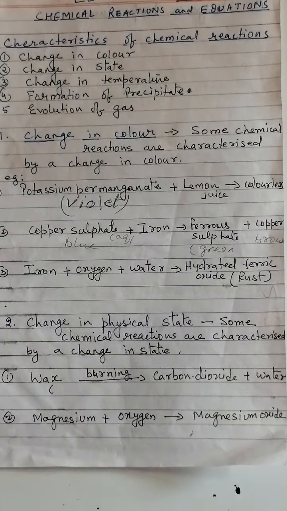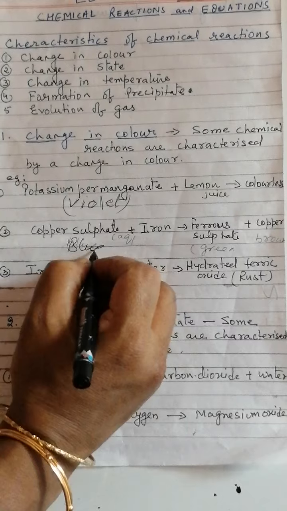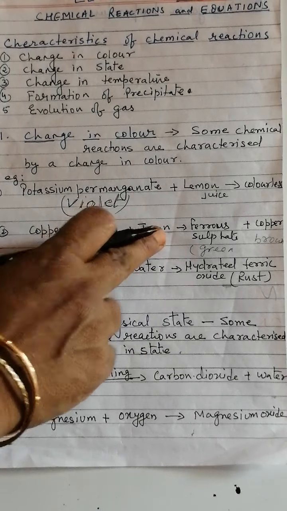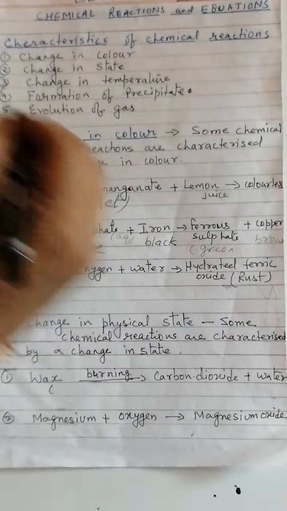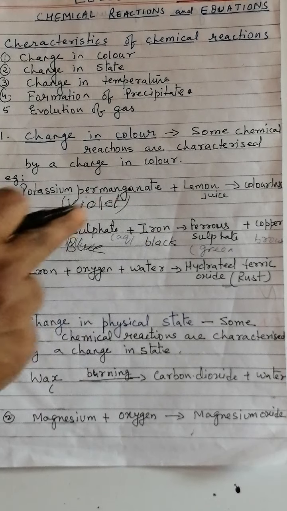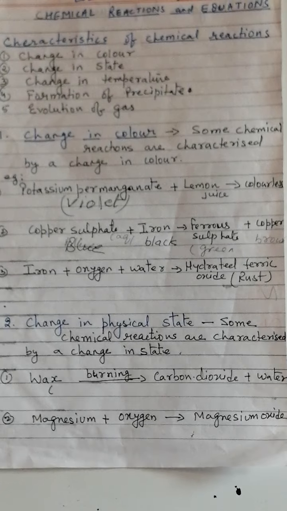Second, copper sulfate. The original color of copper sulfate is blue. When you add an iron nail, which is black, or you can say dark grey in color, it will lead to the formation of ferrous sulfate and copper.